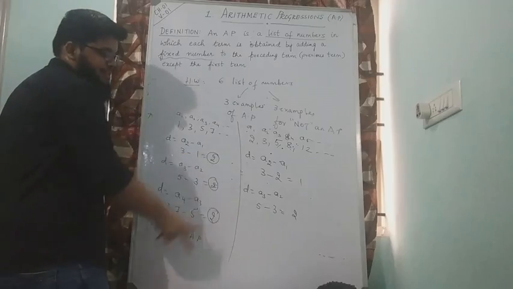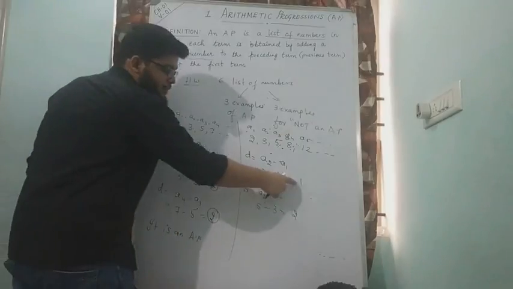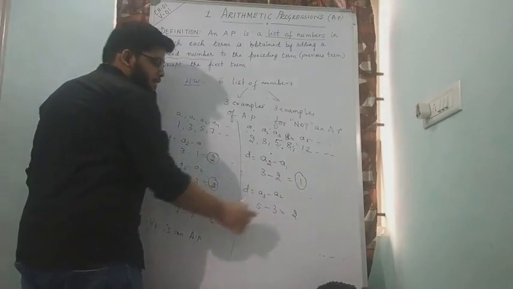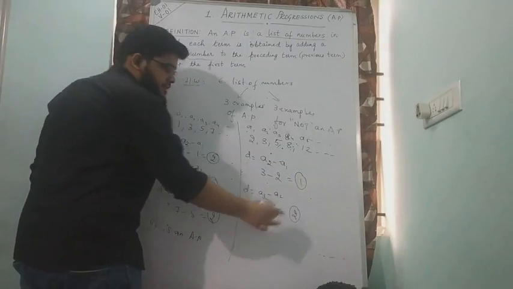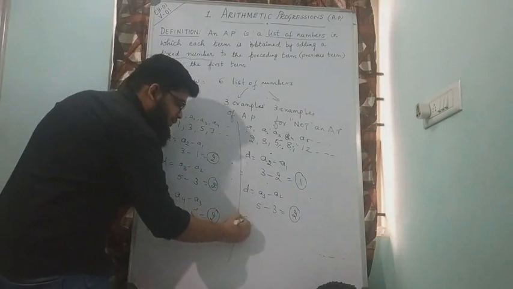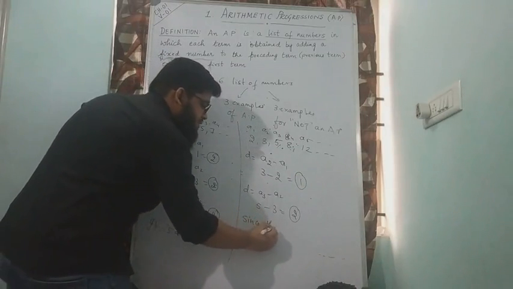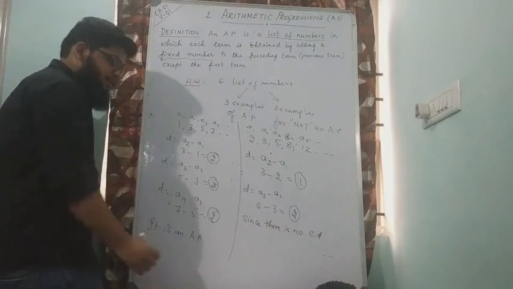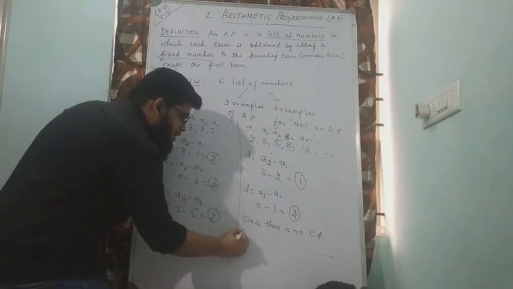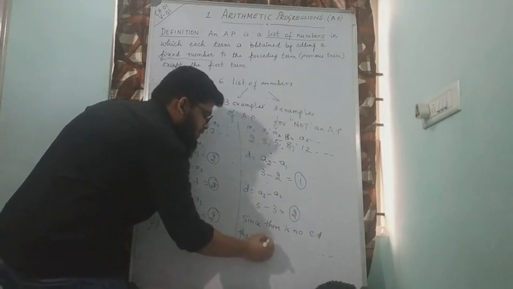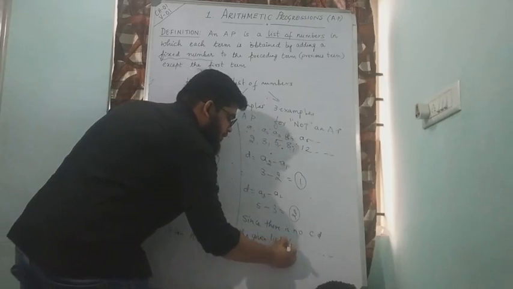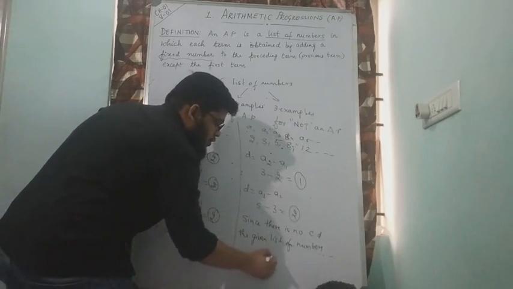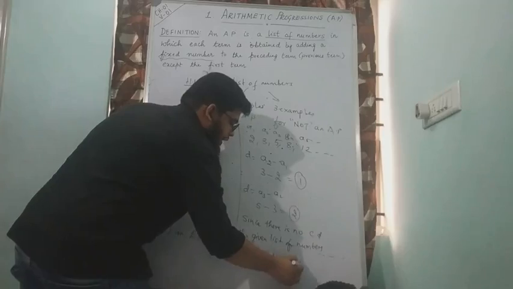If you just show 2 differences here, it is enough, because the common difference has already changed. In case number 1, the common difference was 1. In case number 2, the common difference is 2. Since there is no common difference, CD means common difference, the given list of numbers is not an AP.